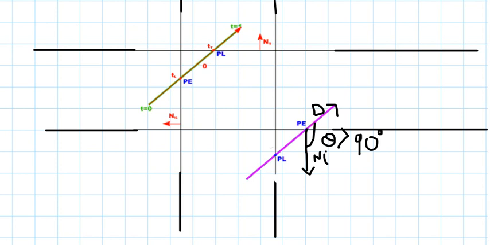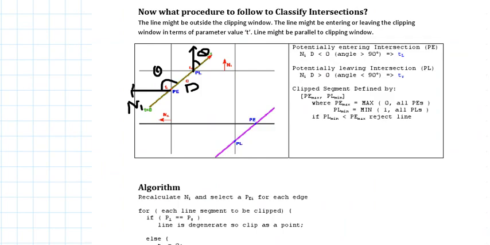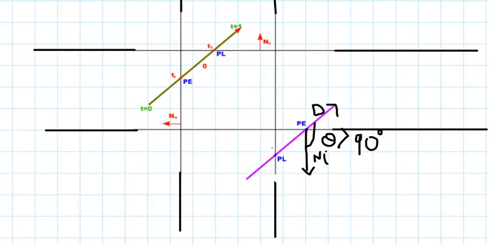So what actually happens here? You have to find PE max and PL min for all such potentially entering and potentially leaving points for that particular line. And what is the procedure of calculating this PE max? It will be the maximum of 0 and all the PEs. In our example, this is our PE.